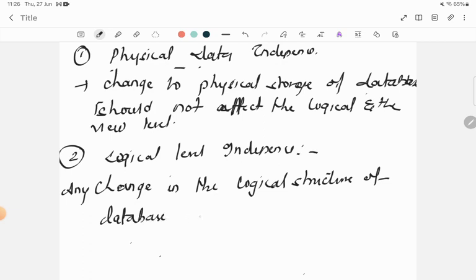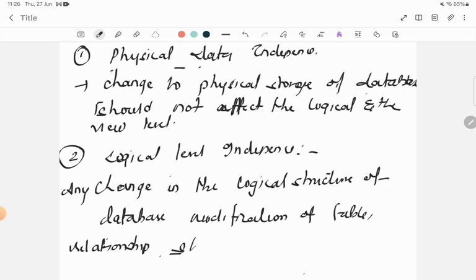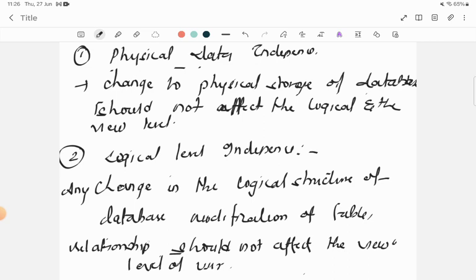It can be a modification of a table, for example, or of the relationships, the relational tables, and the constraints between them.